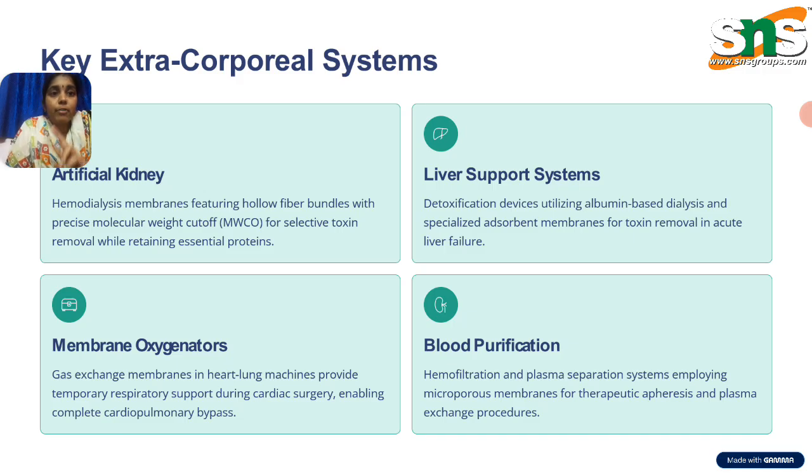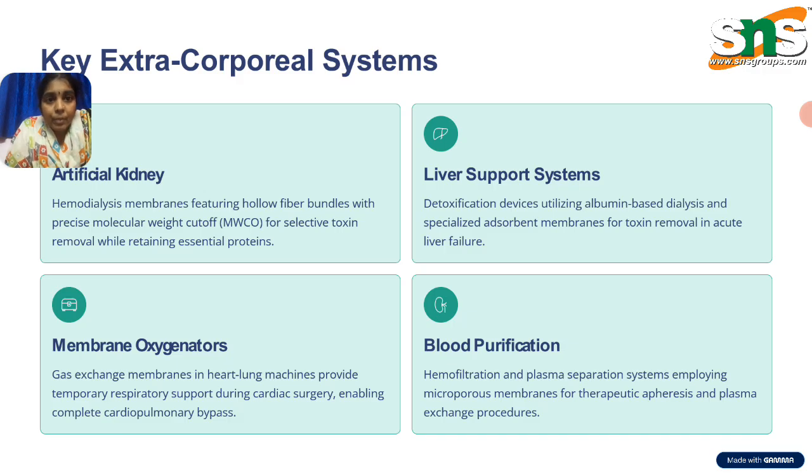Next one is the liver support system. Detoxifying devices utilizing albumin-based dialysis and specialized absorbent membranes for toxin removal in acute liver failure. This extracorporeal system, the artificial liver, will support in the first basic stage of issues.